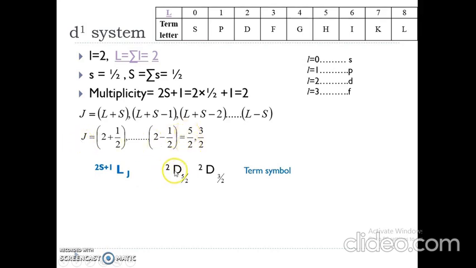So we write 2D 5/2. The second value will be 2D 3/2. So see, there are two term symbols for this d1 system, but only one term, that is 2D. So there is only one term here, but there are two term symbols because there are two J values.